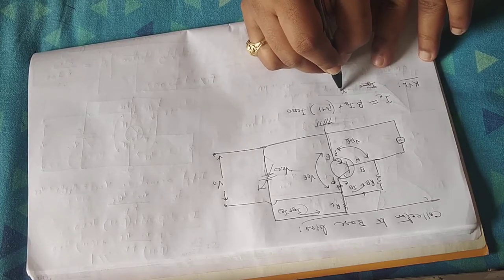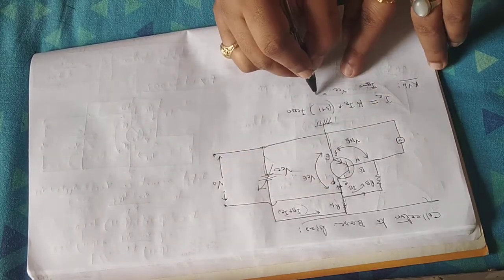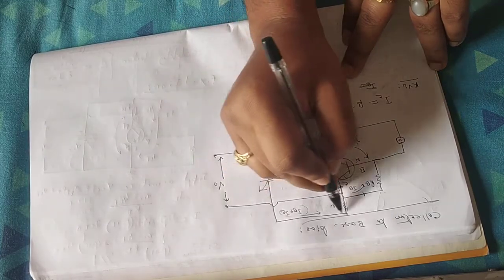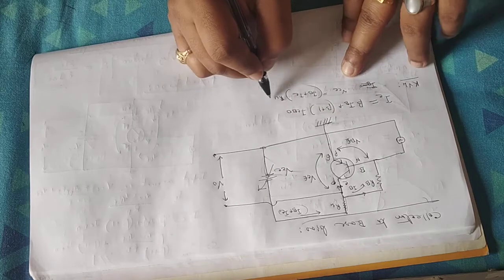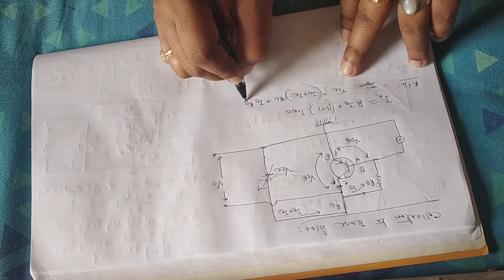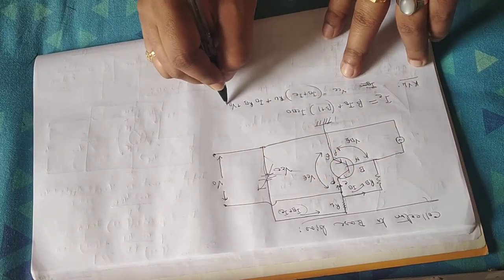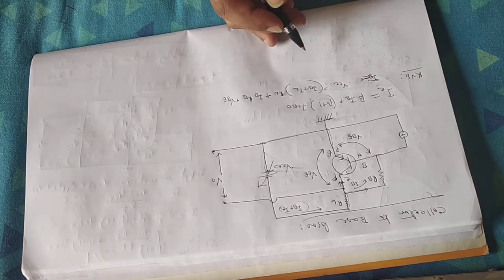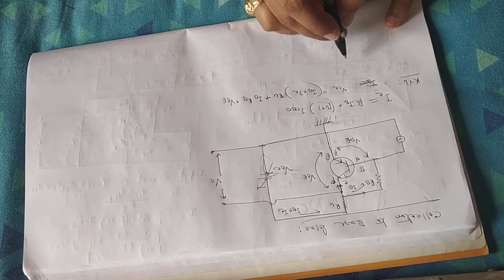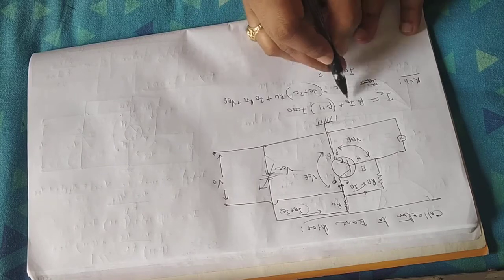First, from Kirchhoff's voltage law, VCC, the battery potential, will equal (IB plus IC) into RL through this resistance. Then it is bypassed, then plus IB into RB, then through this, this potential, plus VBE. So from this equation you can easily calculate the value of IB. IB will equal something.